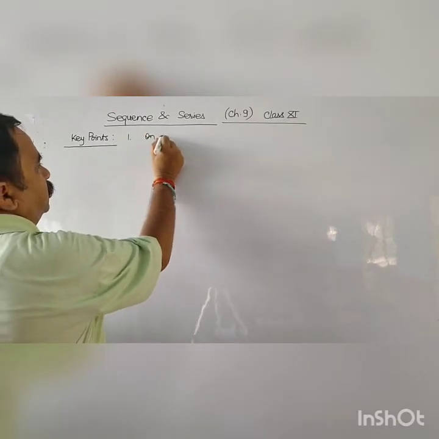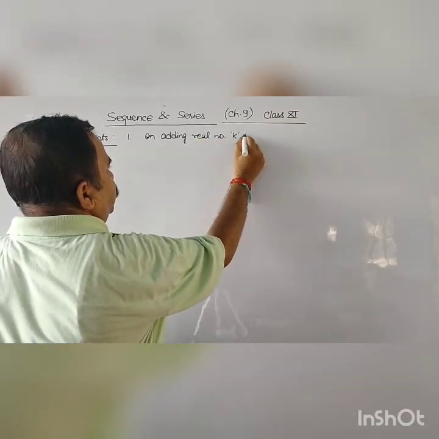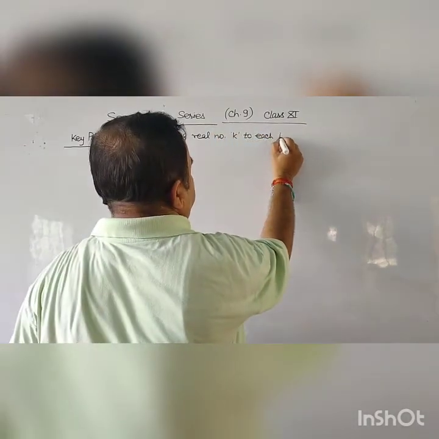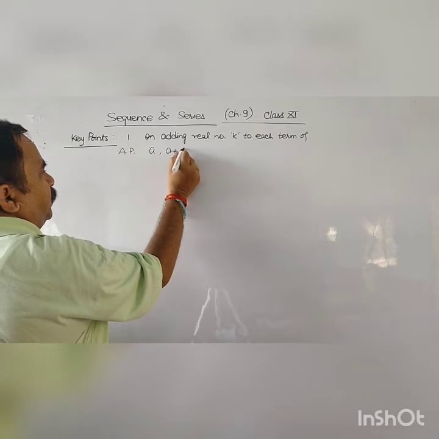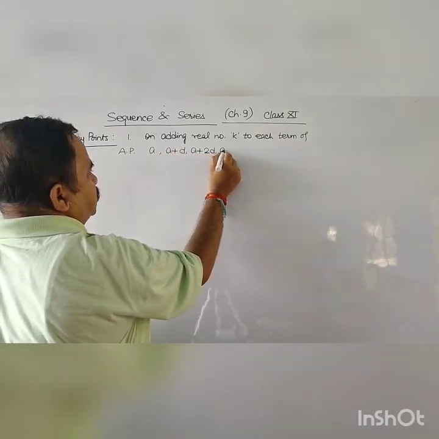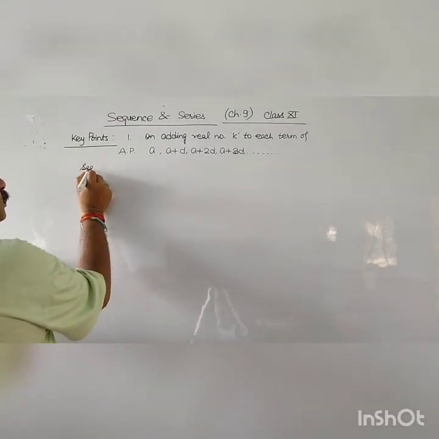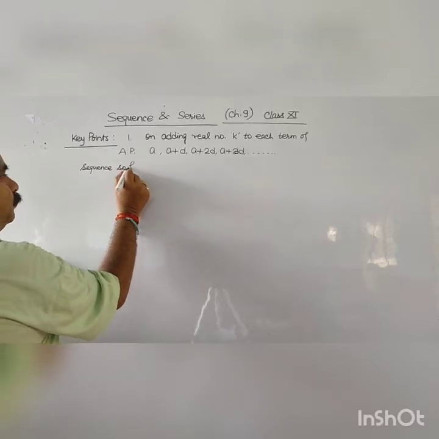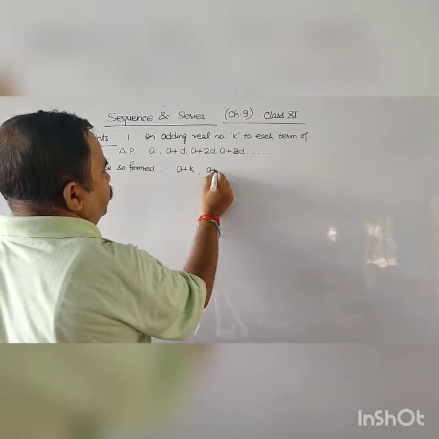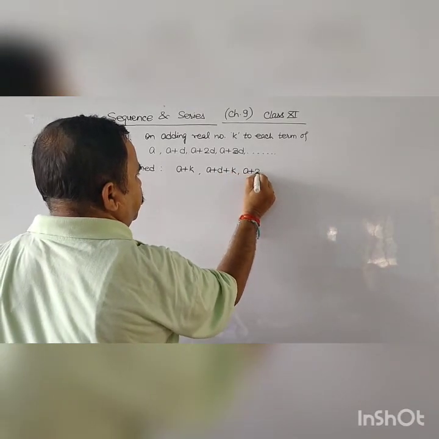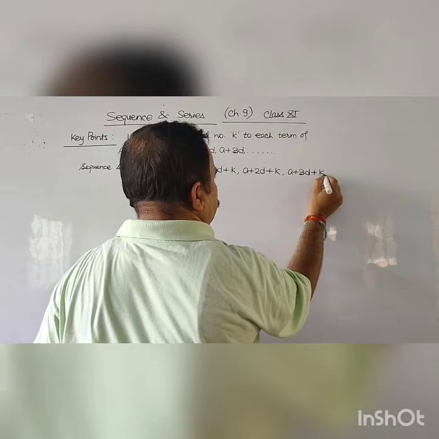So on adding a real number k to each term of the AP, the sequence so formed will be a plus k, a plus d plus k, a plus 2d plus k, a plus 3d plus k, and so on.